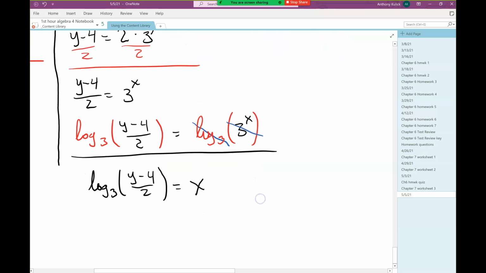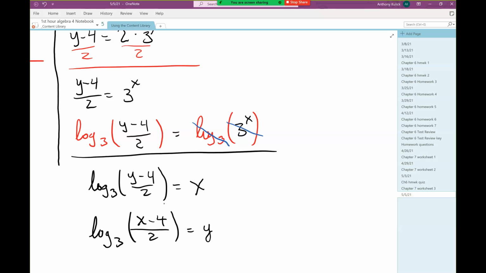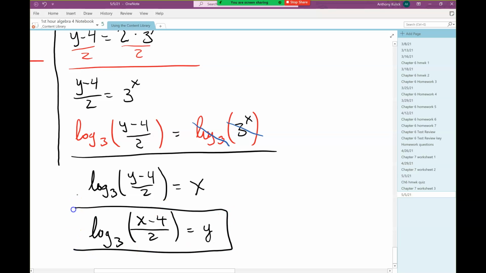And then we just swap the x and y variables. Everybody okay with that idea? This would be my final.